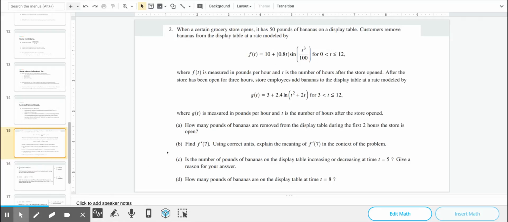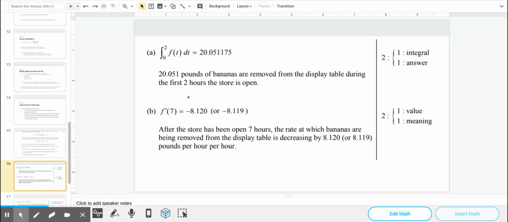All I need to do is go into my calculator, math 8, y sub 1 evaluated at 7. Let's jump to the answer and talk about the explanation a little bit. If you did that on your calculator, again, pause if you haven't, just to make sure that you're doing that correctly and you got this number. You should get f prime of 7 equals negative 8.120, or this guy, which both would have been an acceptable answer.